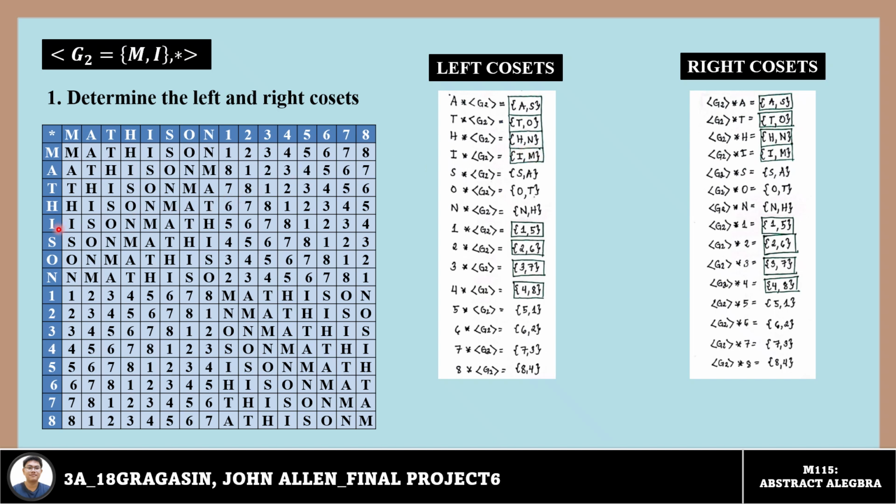And then for the element I, we have this I and M. We have the answer of I, and then I star I, we have the answer of M. That is why our answer here is I and M. And then for our element S, we have S star M. We have S, as you can see here, and then S star I, we have A. And then for our element O, we have O star M. We have O, and then O star I, we have T. That is why our answer here is O and T. And then for our element N, we have N star M, we have N, and then N star I, we have H. That is why we have this answer.